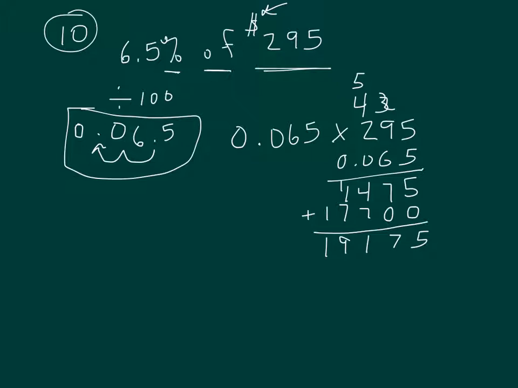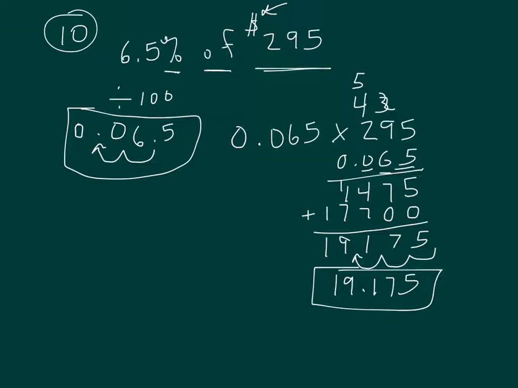Now, once we've multiplied with a decimal there, we have to count the number of decimal places in the multiplication. There were 3 decimal places, so I need to bring my decimal over 3. My answer here would be 19.175. Now this, if there was no dollar sign, this would be your final answer.